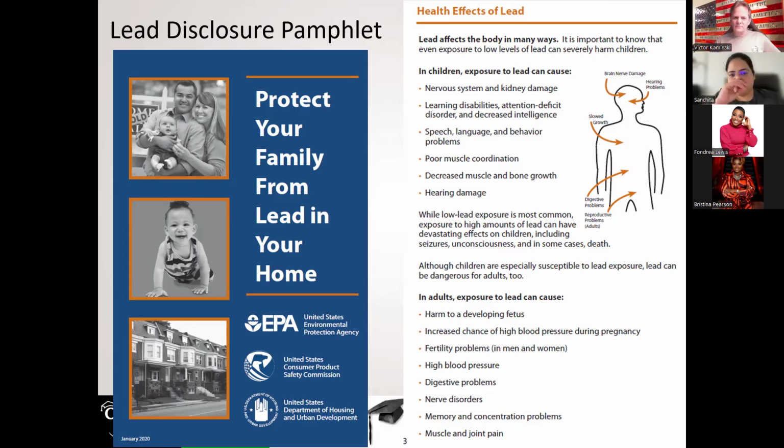Their nervous system can have serious issues. It causes a lot of problems. Decreased intelligence, speech issues, poor muscle coordination. Okay, a lot of issues. So don't eat the lead chips.